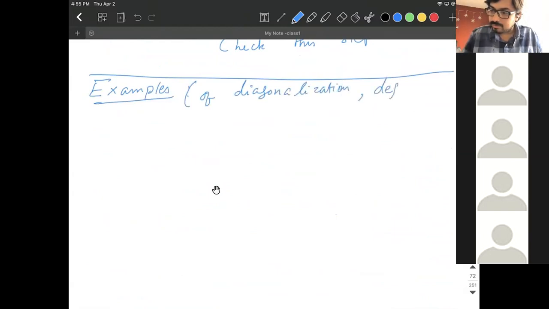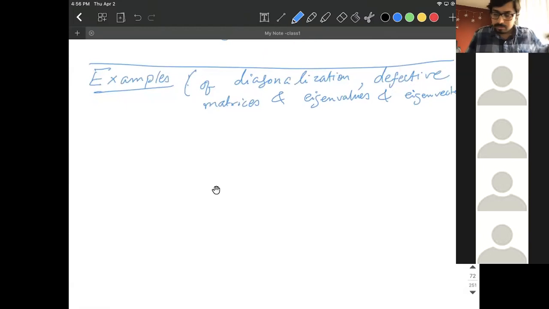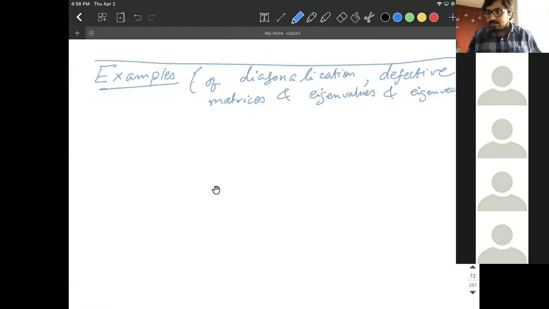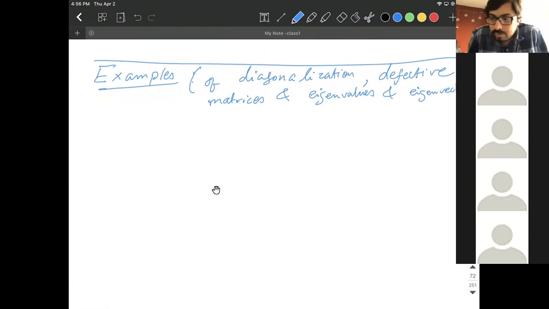Then defective matrices. So what we do is we will see a bunch of problems consisting of diagonalization or non-diagonalizability of matrices and some general problems on eigenvalues and eigenvectors.